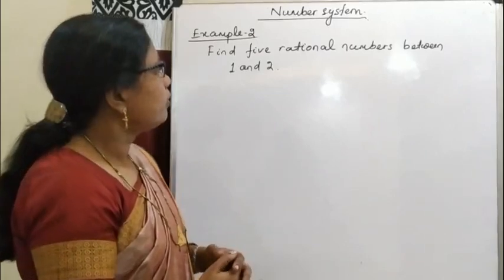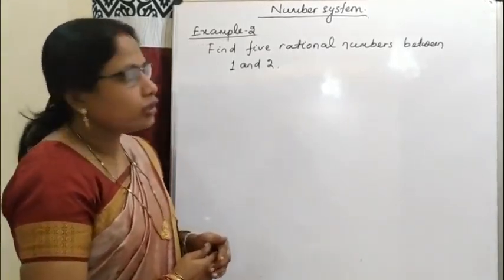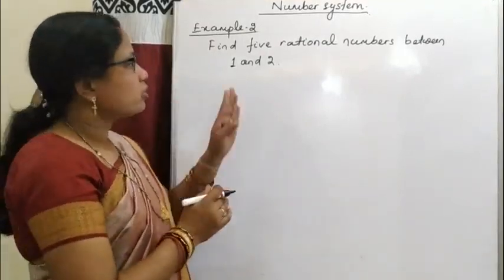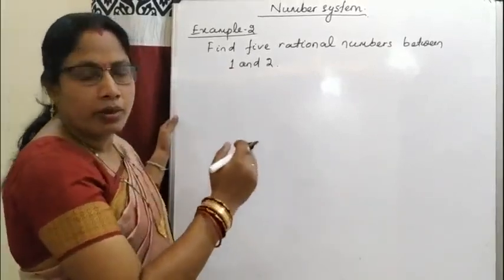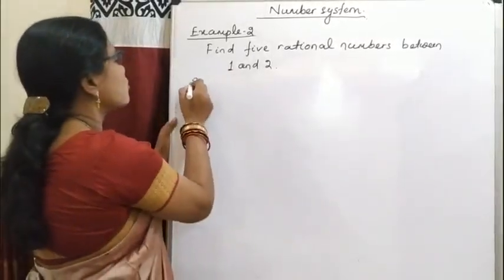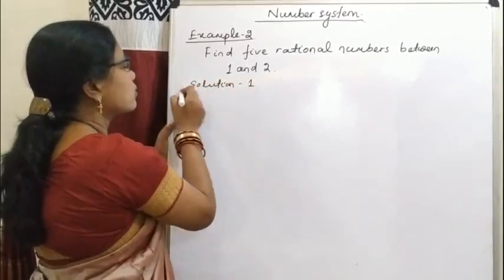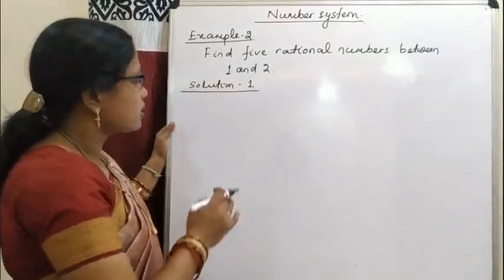Second example, find 5 rational numbers between 1 and 2. So here there are 2 methods to solve these questions. So we will do one by one. So first, solution 1. So in your previous class you learned about this.